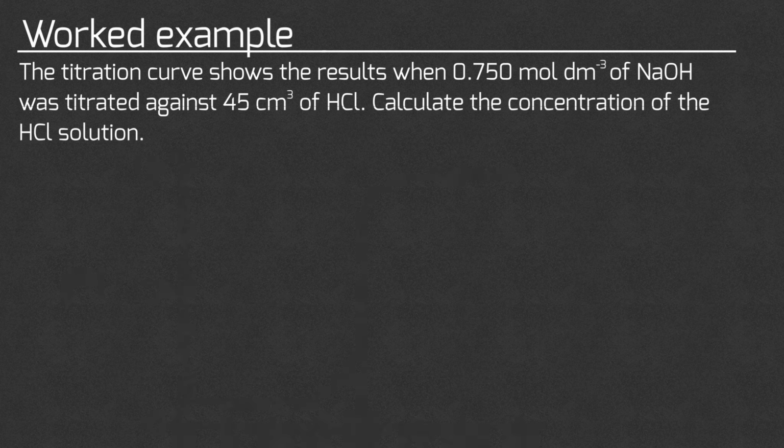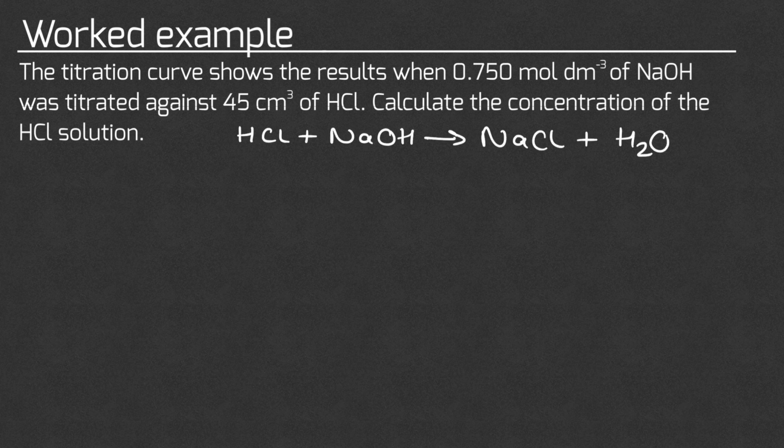So we're now going to follow the first step, which involves writing down the equation. So this is a pretty straightforward equation of hydrochloric acid reacting with sodium hydroxide to produce sodium chloride and water. The next step is to look at the question and write down all of the key bits of information.